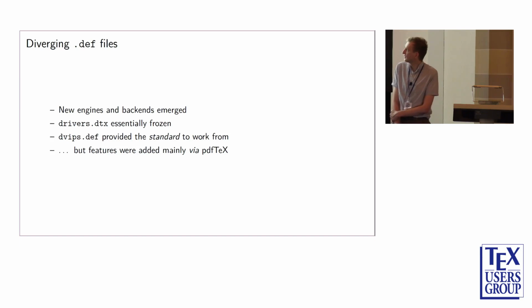In particular, if you look at pdfTeX, we've just seen Knuth's solution was this one primitive, special, which doesn't know anything about what's going on in the contents of that argument. But in pdfTeX, although you can do some stuff with special, that's not the best way of doing it.